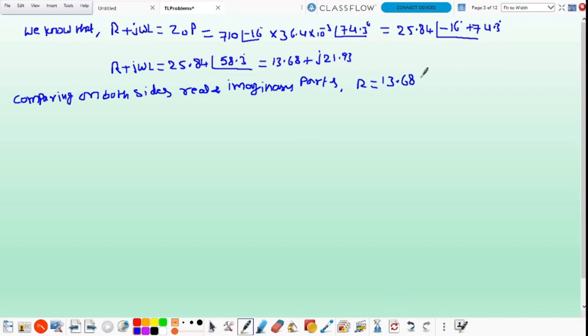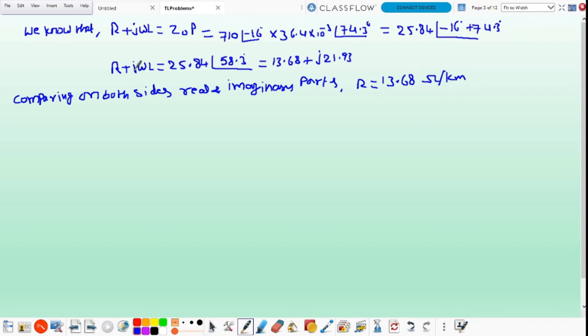The length of the transmission line is measured per meter or per kilometer, therefore R is equal to 13.68 ohms per kilometer. Here it is given that the attenuation constant and phase shift constant are measured per kilometer, so the resistance is also measured in ohms per kilometer.